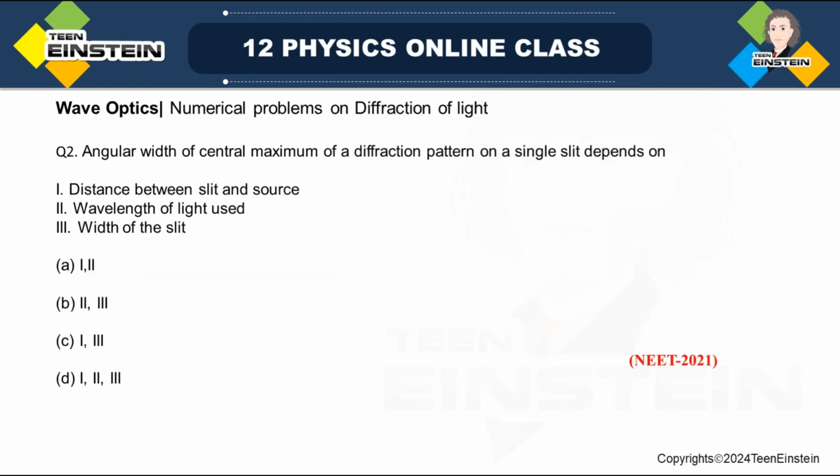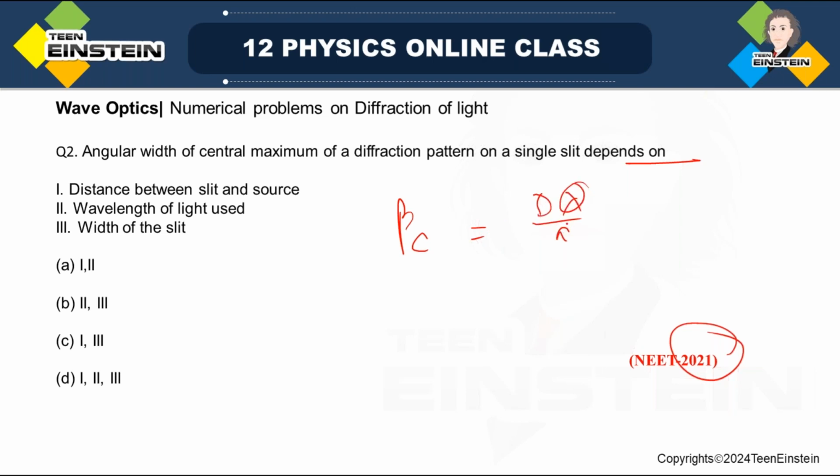Now I think this is the last one. Yes, last question, and I will end this session here itself. The angular width of the central maxima of a diffraction pattern on a single slit depends on... this is also from NEET UG paper 2021. So the width of the central maxima, we know that we have been discussing, is 2d lambda by a.